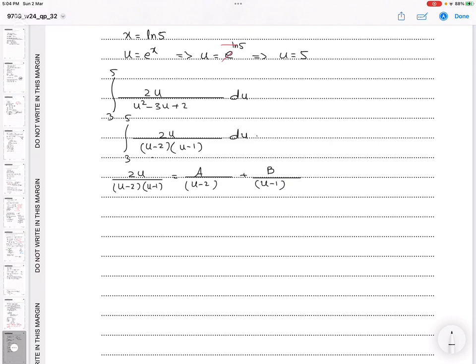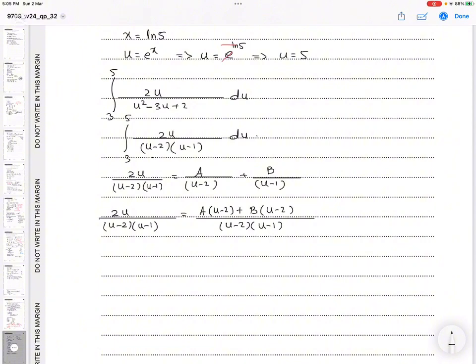Now 2u over u minus 2, u minus 1 equals, take the LCM here, u minus 2 and u minus 1. So a will multiply with u minus 1 and b will multiply with u minus 2.